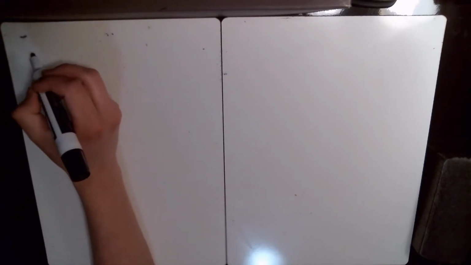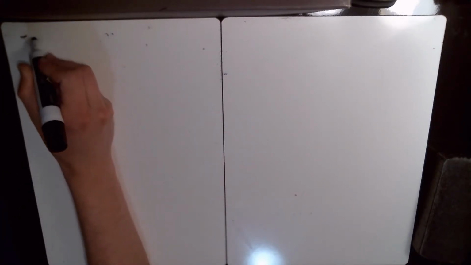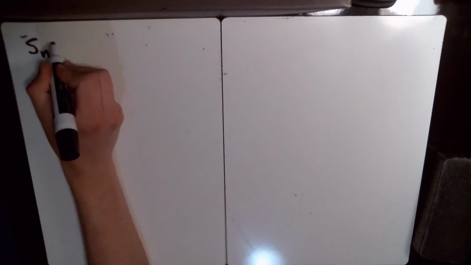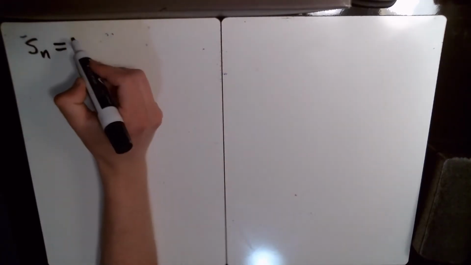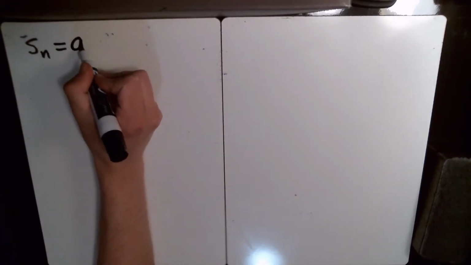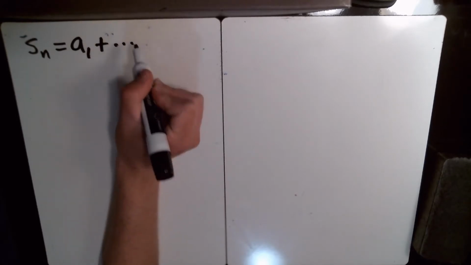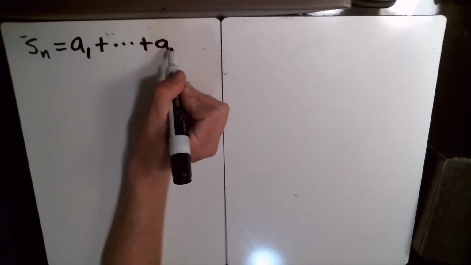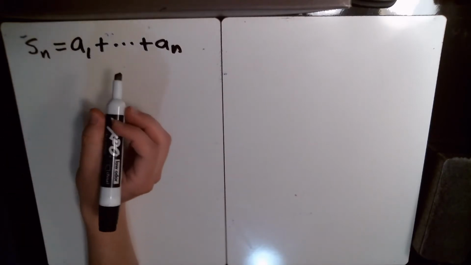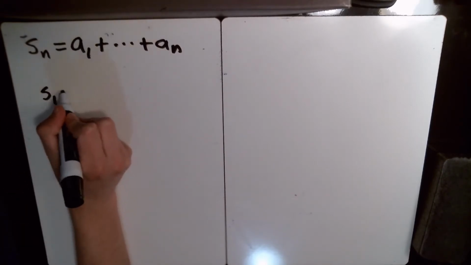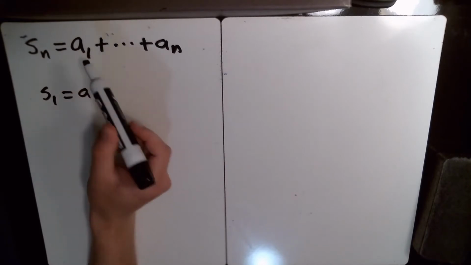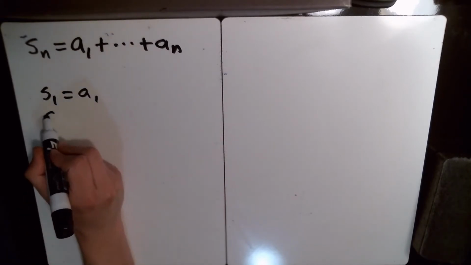Okay, so remember the sequence of partial sums is a sequence where you take the first n terms of the sequence that you have and you add them together, right? So for instance, S1 is just the first term of the sequence.